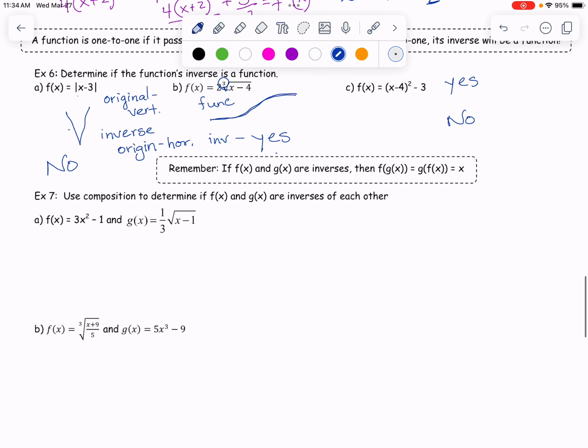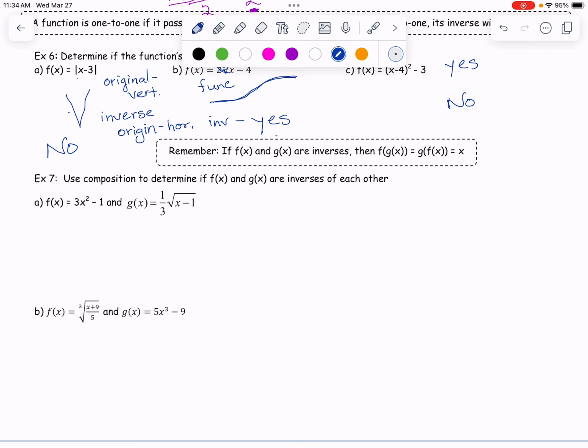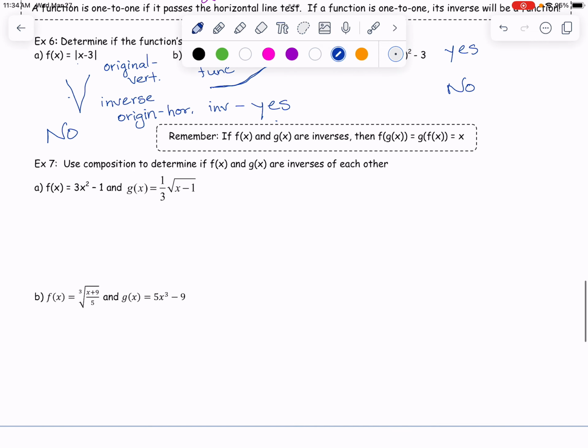All right, so when you're checking to see if two functions are inverses of each other, you're going to use composition. It says right there, use composition. And when you use composition, you should end up with x, and you're going to have to try both of them. So I would put g in for f, and then I would put f in for g.